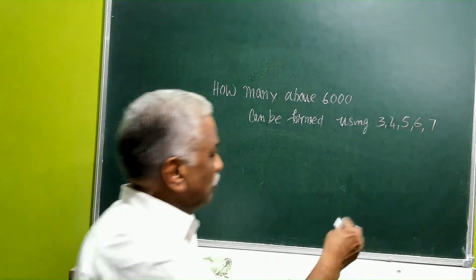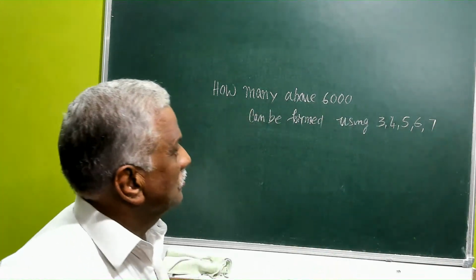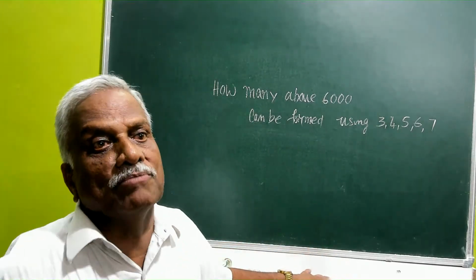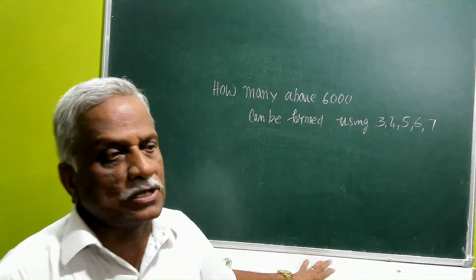If you want, we can add one more also. So you have to find out how many numbers are there above 6,000.